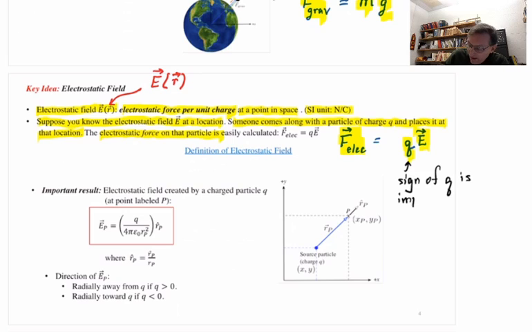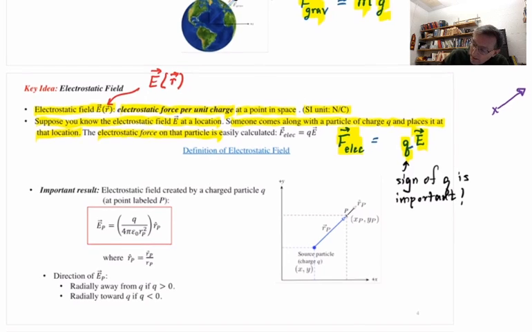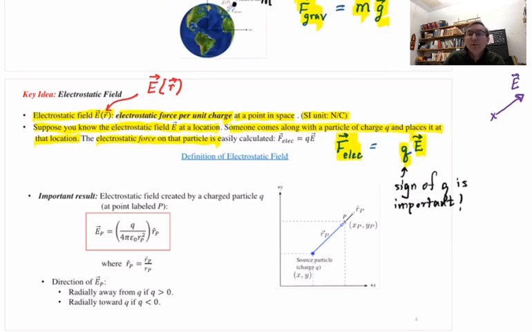Let's talk about why. Let's say we already know at a certain point in space the electric field. Here we are at a certain point in space. And let's say the electric field vector there, caused by some charges, is in the direction I've just drawn.